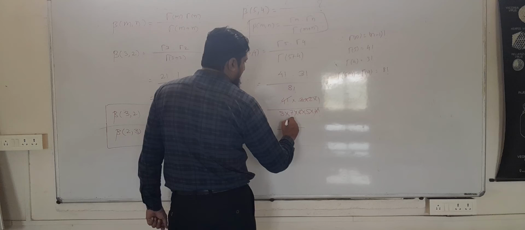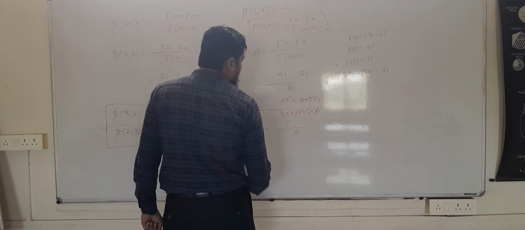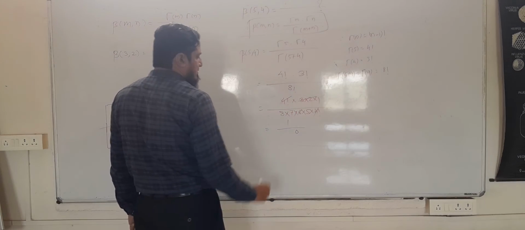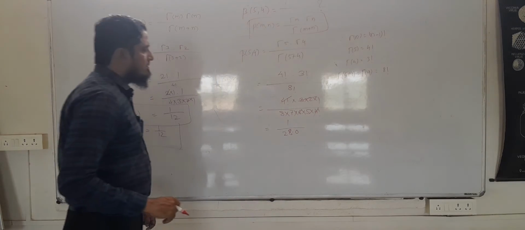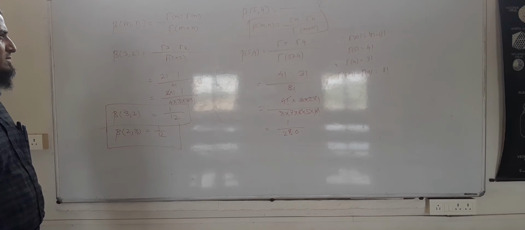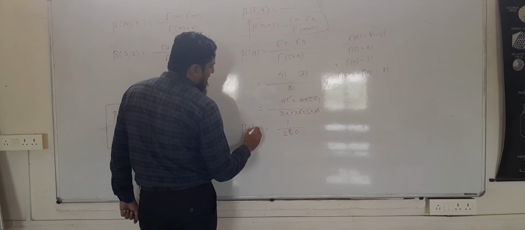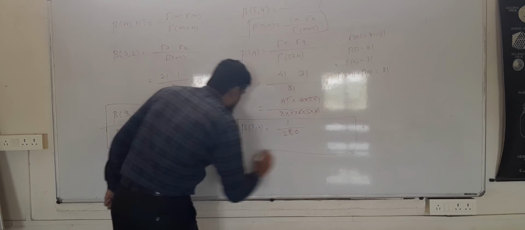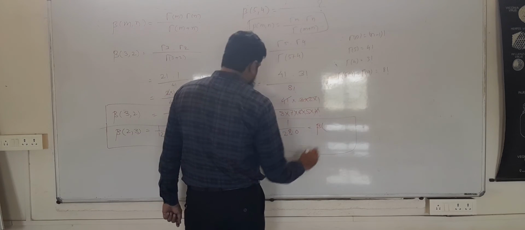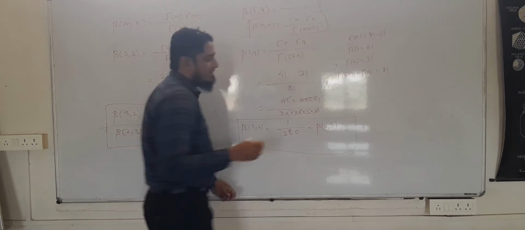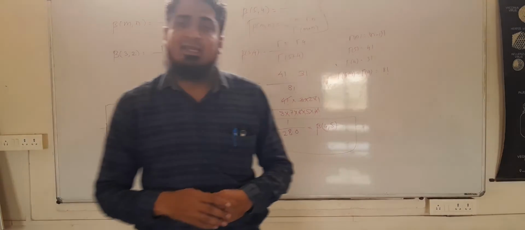We will get 1 upon 5 times 56, which is 1 upon 280. Right. Beta of 5 comma 4 is equal to 1 upon 280, or we can write it as beta of 4 comma 5. Correct?